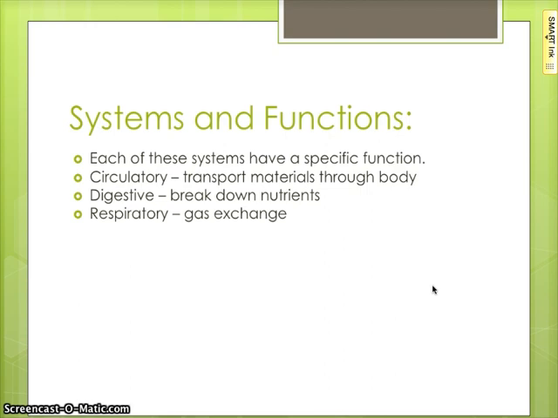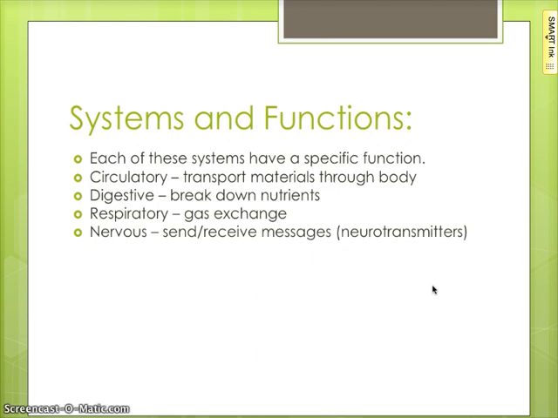Respiratory system is for gas exchange. We exchange our oxygen and carbon dioxide through the lungs mainly, and then it gets into our bloodstream in order to be delivered to all the cells. Because remember, even cells in your toes need to breathe. The nervous system sends and receives messages. These messages travel very quickly through neurotransmitters, chemicals that are sent through an electrical impulse.